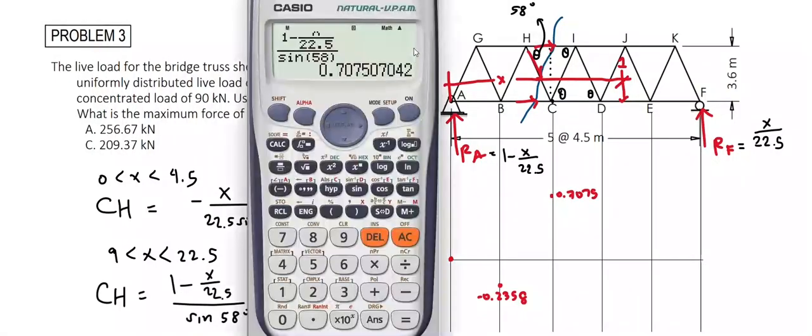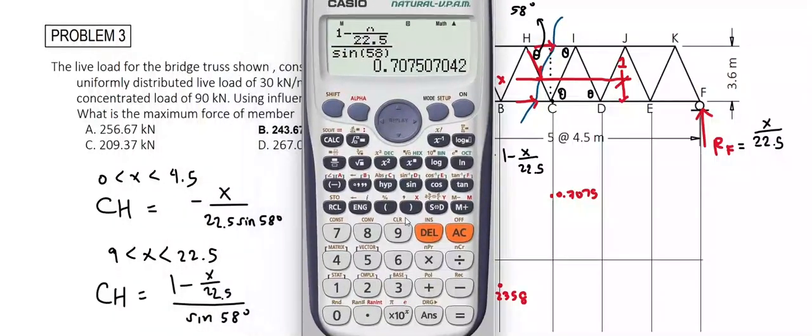At X equals 9 plus 4.5, that is at point D, the value for CH is equal to 0.4717.